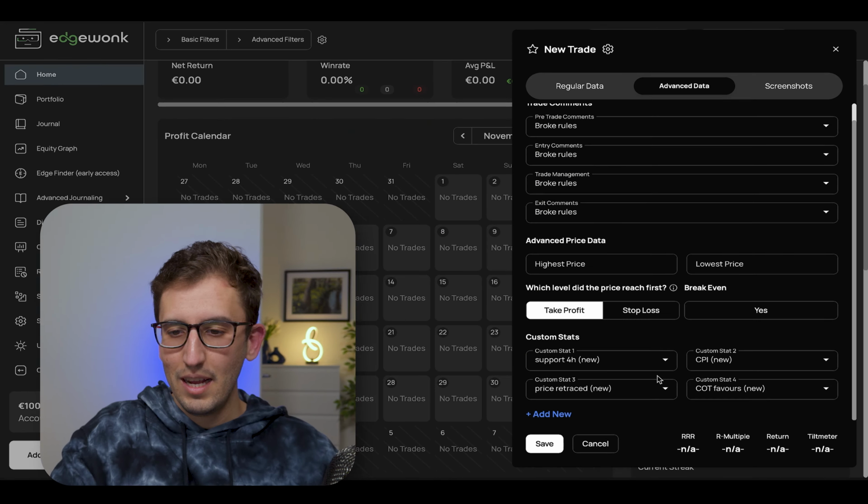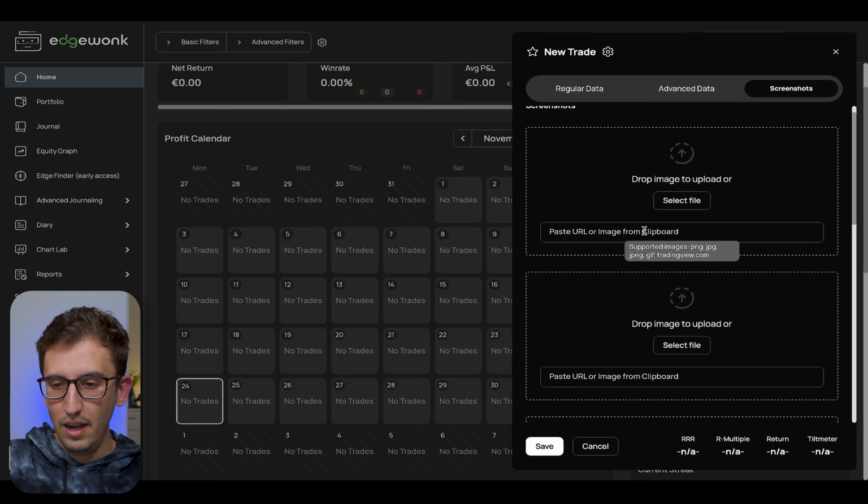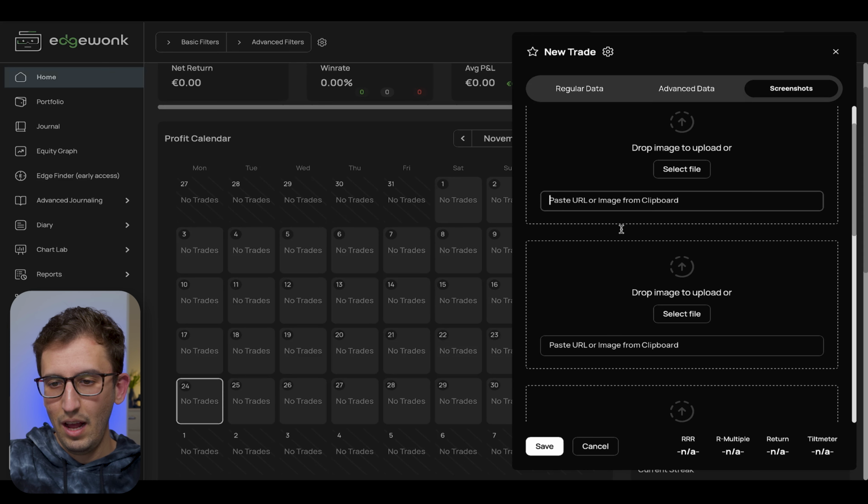Let's say you've taken 100 trades and you see that when the COT favors your trade, then you win more. So then you could add that into your trading plan later. So that's what's nice, is you can add all these different variables that you can track while you journal. And then you can put your screenshots in here. So what you do is you'd go on TradingView and then you could paste your URL or image from the keyboard and you could have a whole bunch of stuff here.